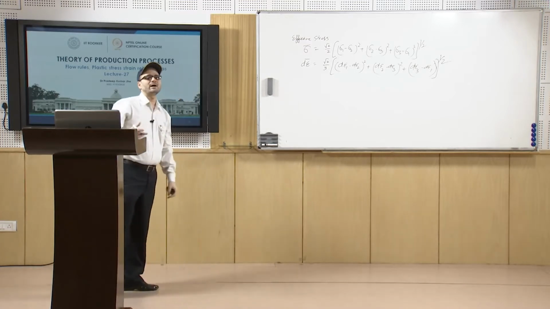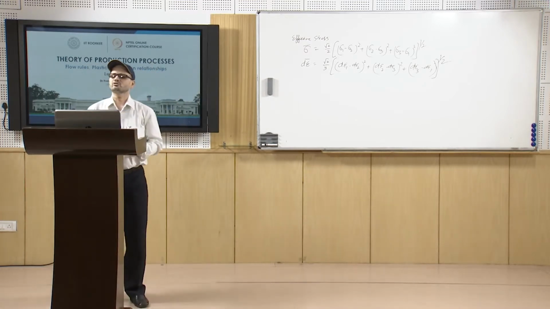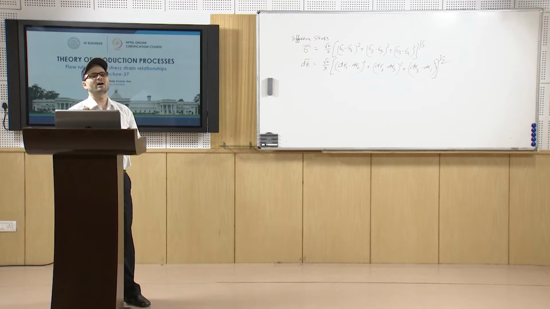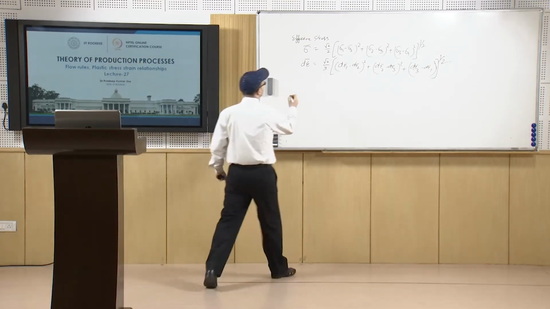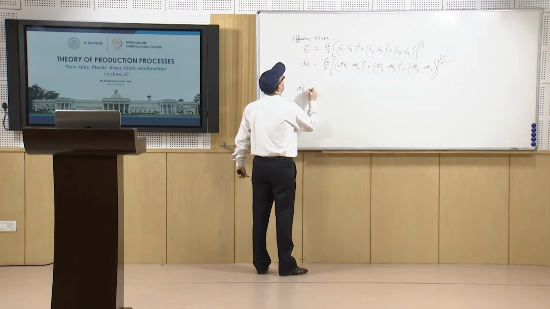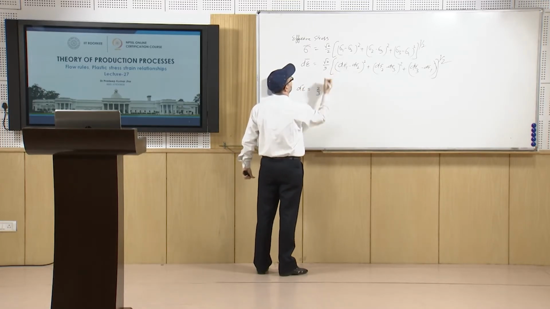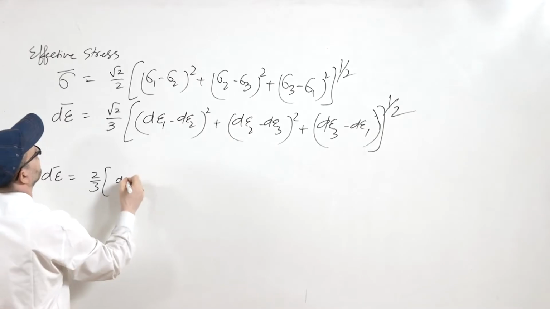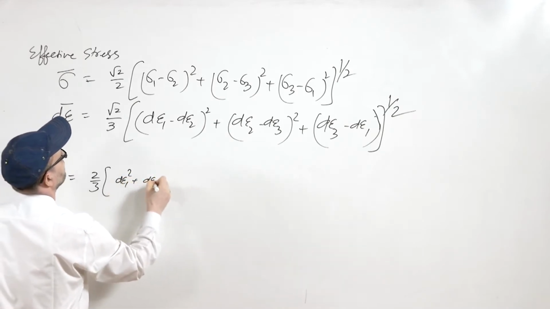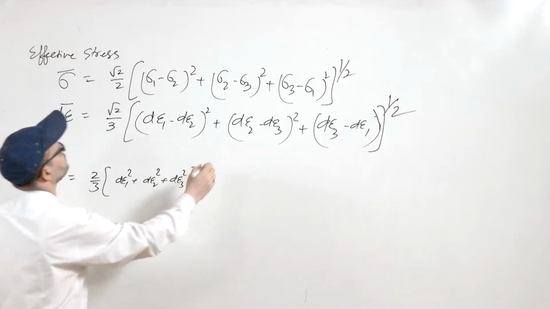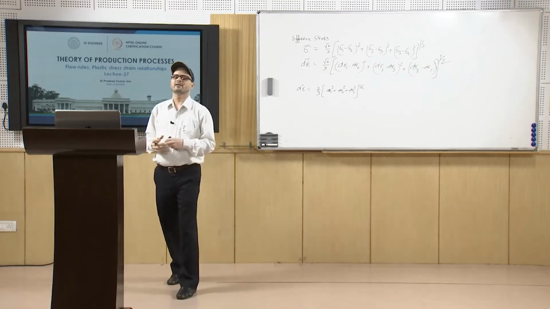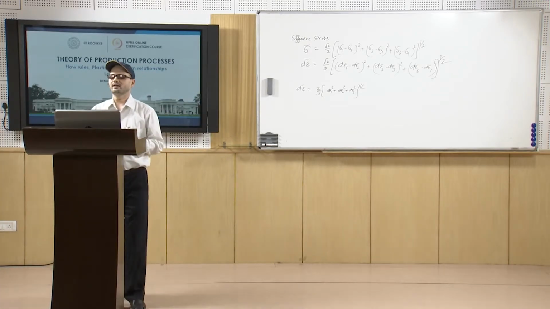So, it will be 2 by 3 of d epsilon 1 square plus d epsilon 2 square plus d epsilon 3 square raised to the power half. You can further simplify: this root 2 will come out and then you get d epsilon 1 square plus d epsilon 2 square plus d epsilon 3 square. That also is the simpler explanation to that.